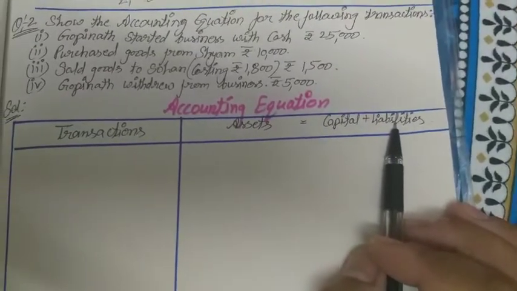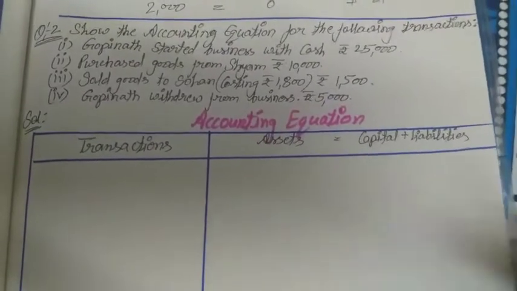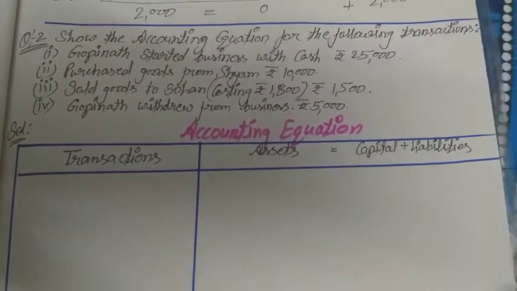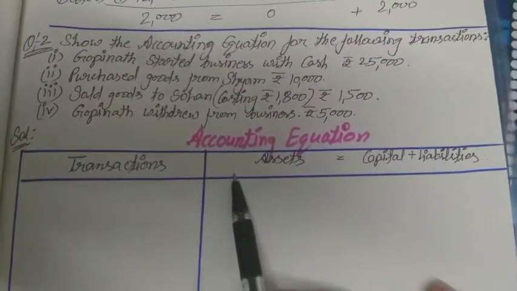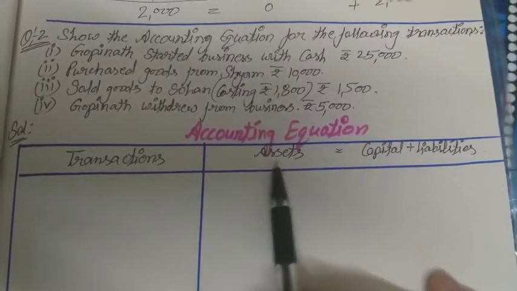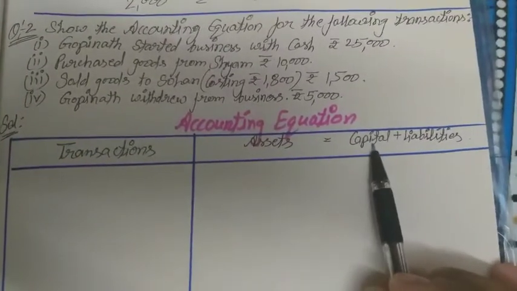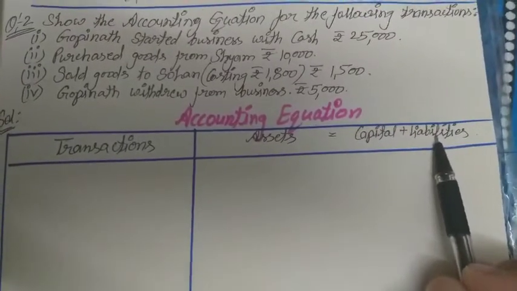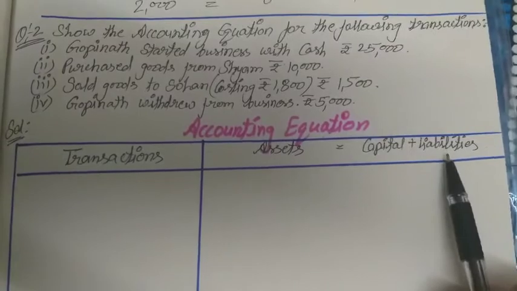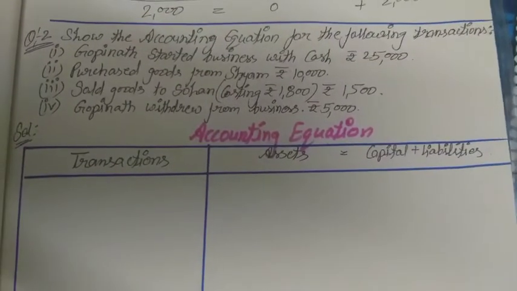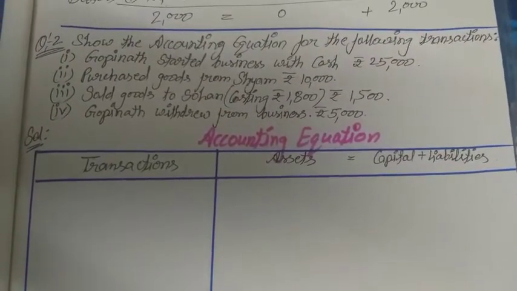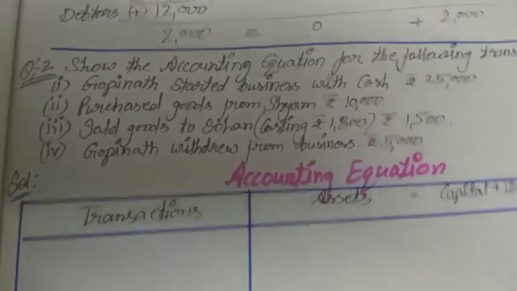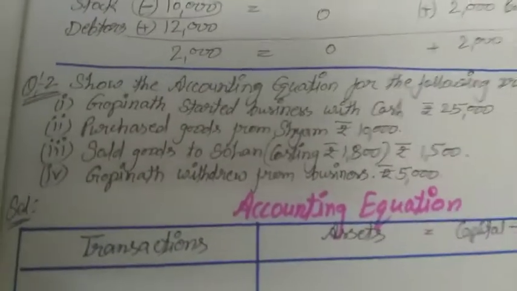Okay, whatever the assets and liabilities are, the transactions will affect the capital, so we will write particular accounts at the bottom of assets, those related to capital at the bottom of capital, and those related to liability at the bottom of liability.